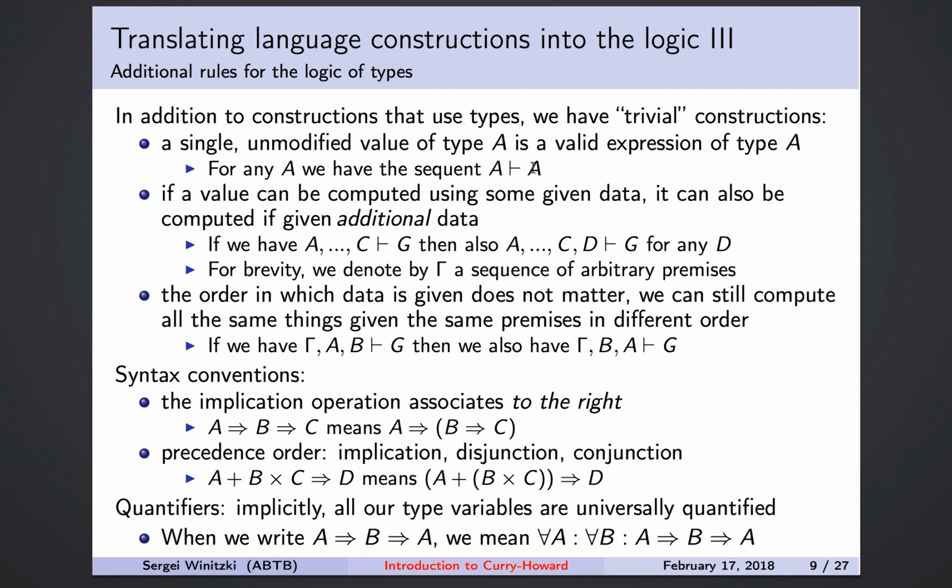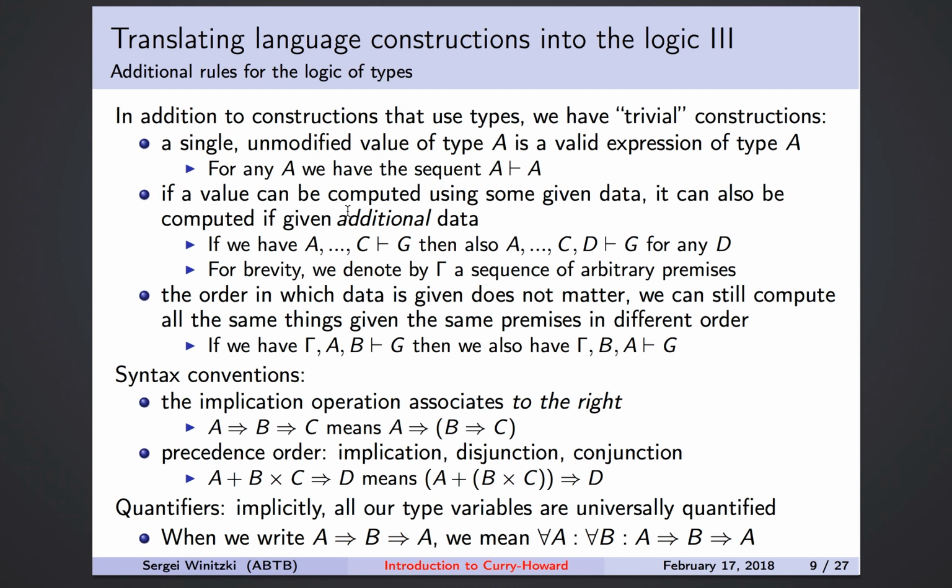From A follows A. Or we can compute A if we have an expression of type A already. So that is kind of a trivial expression, but nevertheless we have to include this into the rules of our logic for completeness. This is the simplest expression we can write that is in some way using a given value.